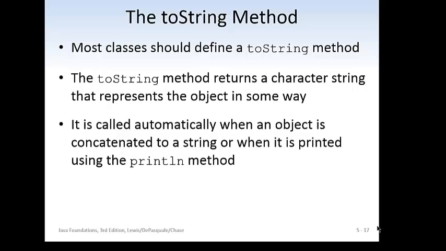You would probably want to have parentheses around the area code, then the first 3 numbers, a dash, and the last 4 numbers. So when we write our toString method for a phone number, we would want to include all of that formatting for our phone numbers. And we can do that because for every class we write, we will create our own toString method that applies to that particular class object's representation to the screen.